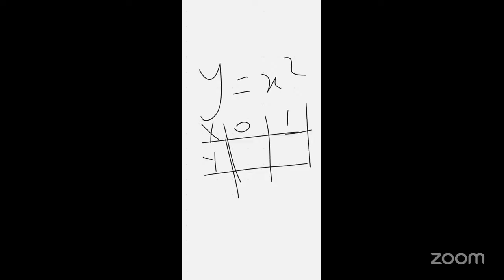So your x is 0, your y is 0, your x is 1, your y is 1, your s is 2, your y is 4. Note s is an independent variable. Y is a dependent variable because it depends on the value of s.